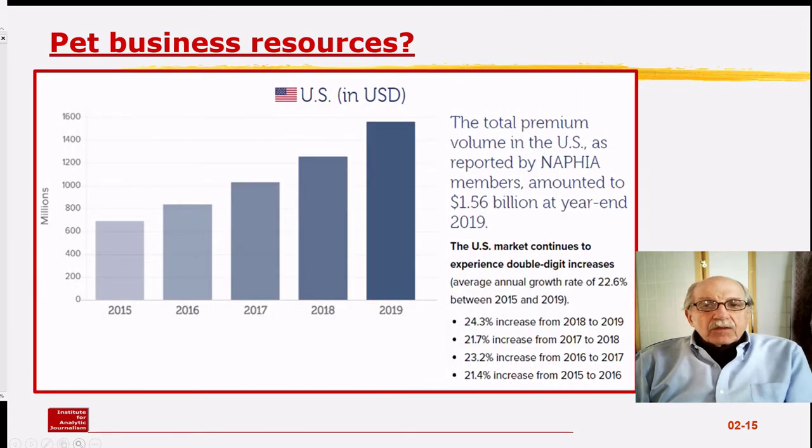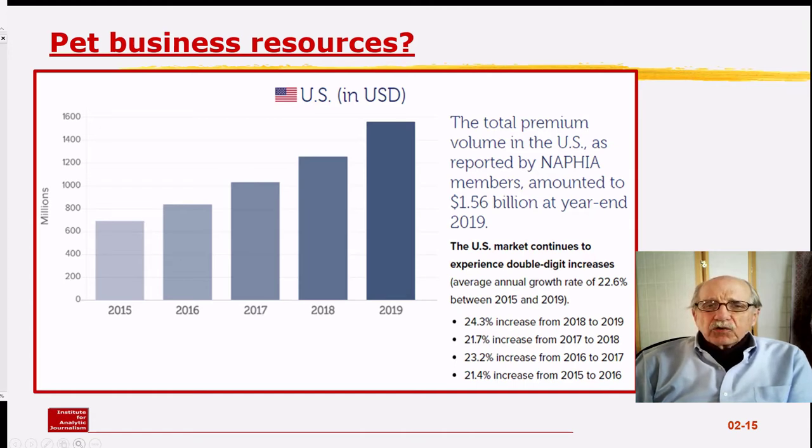Yep. The North American Pet Health Industry Association reported that the pet health industry sector for the U.S. and Canadian economy posted a combined gross of written premiums of $1.42 billion in 2018. It was up from $1.15 billion in the previous year.